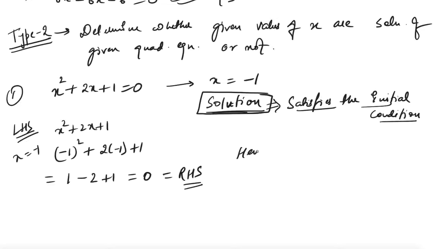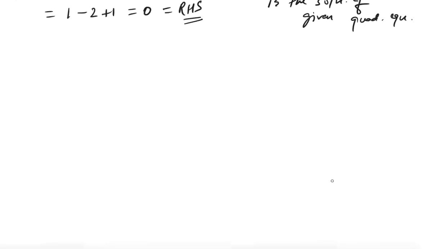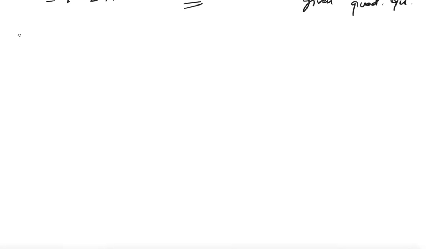Hence I can say that x equals minus 1 is the solution of the given quadratic equation. I think now you got the concept. We'll solve a few more problems and then we'll move on to type 3. But I will again request you to solve the problems first by yourself and then see the solution.